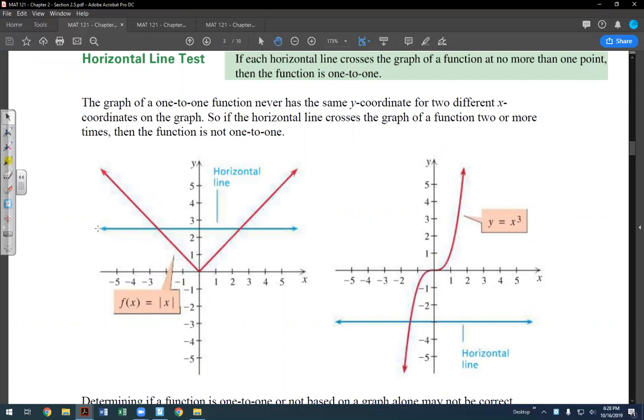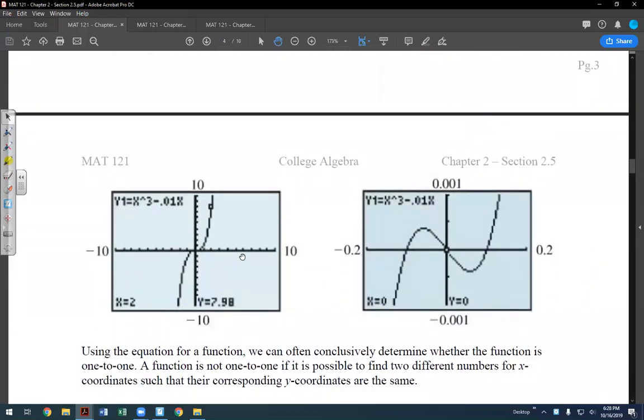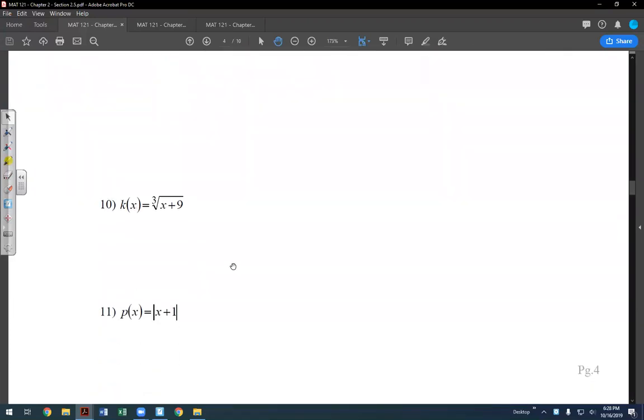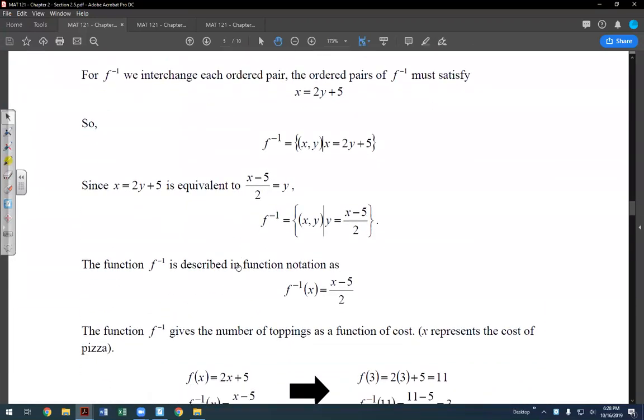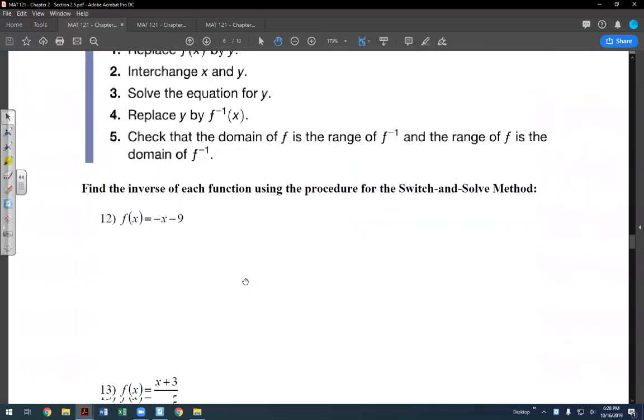What happens with a parabola that opens up and down? It's pretty much going to be the same idea, right? Because it's a parabola that's opening up. So if you draw a horizontal line through a parabola, it's also not going to be one-to-one function. But think about it this way. What is the inverse of a square? A square root.